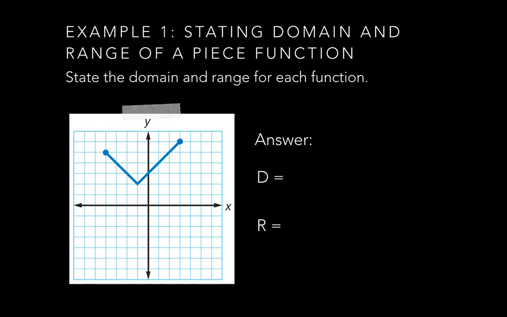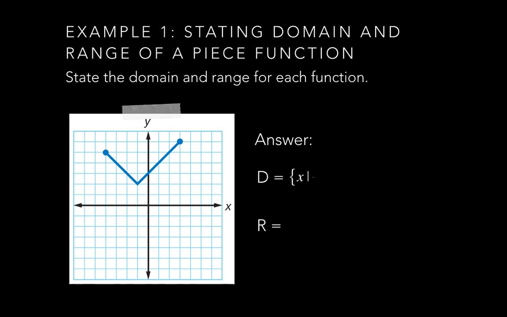For this example, we're stating the domain and the range for this function. Looking at its domain, you're going to be scanning, and it's continuous. So look how far to the left and how far to the right does it go.